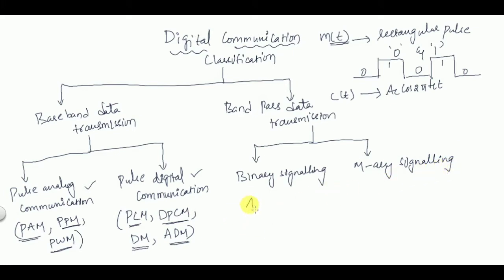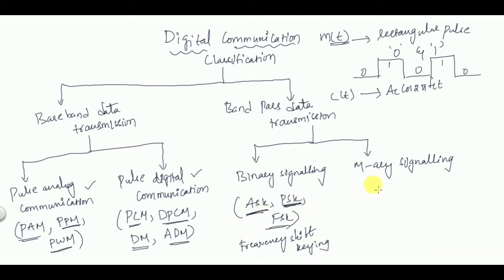In binary signaling we have ASK, PSK, and FSK, that is amplitude shift keying, phase shift keying, and frequency shift keying.